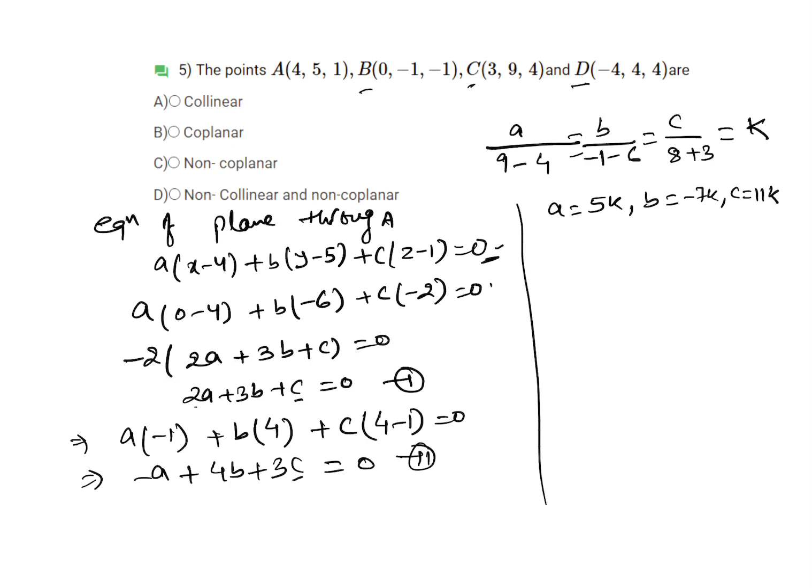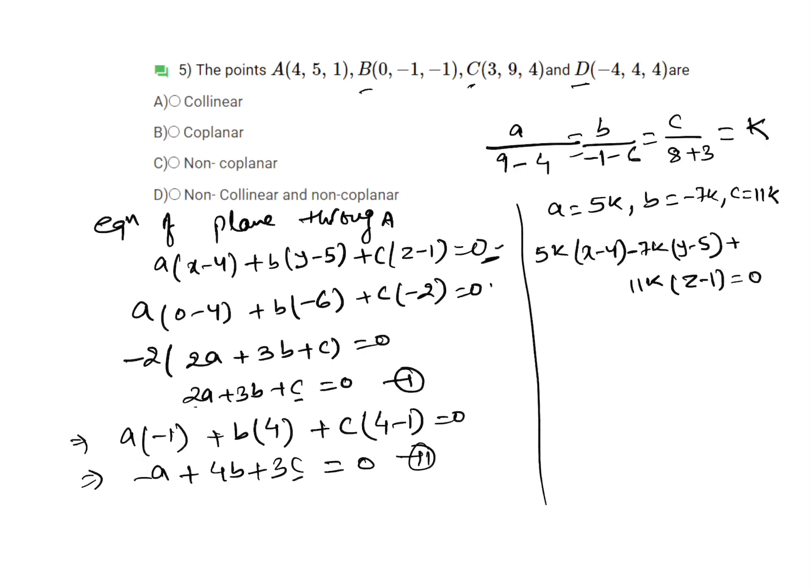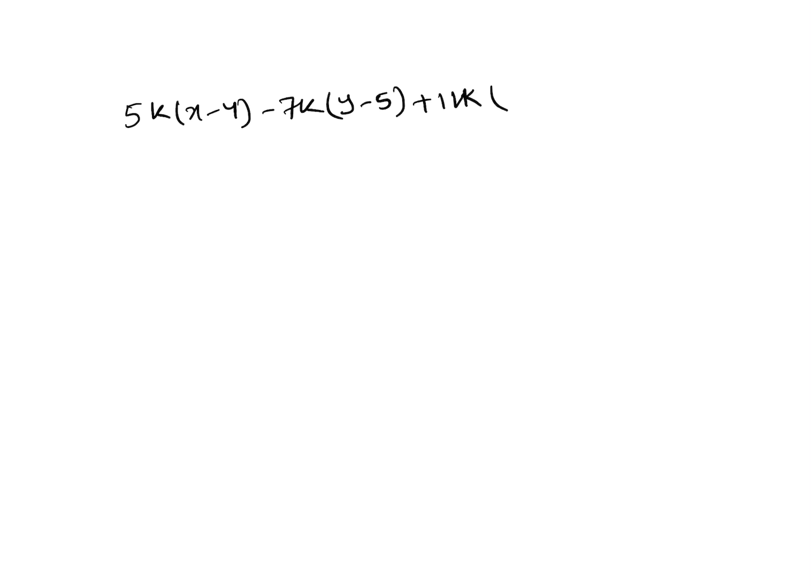Let's put the values into the equation: 5K(x - 4) minus 7K(y - 5) plus 11K(z - 1) is equal to 0.